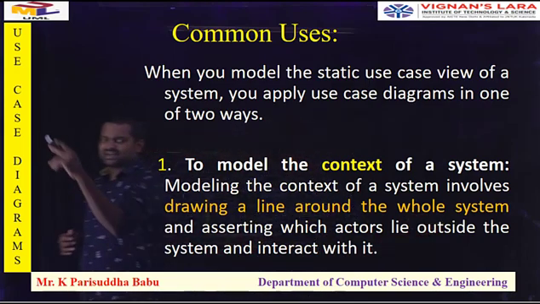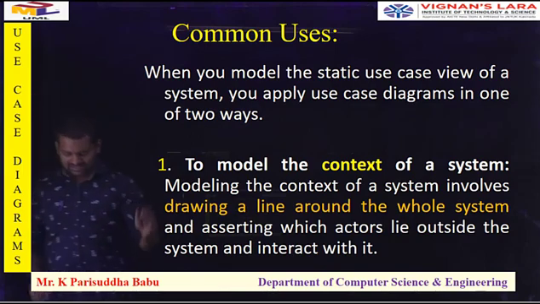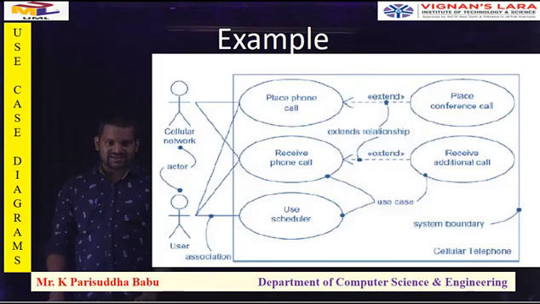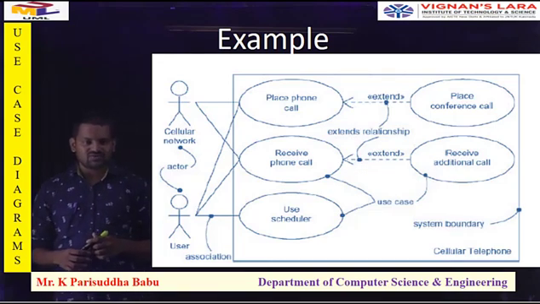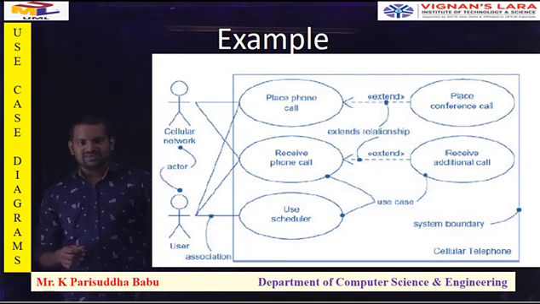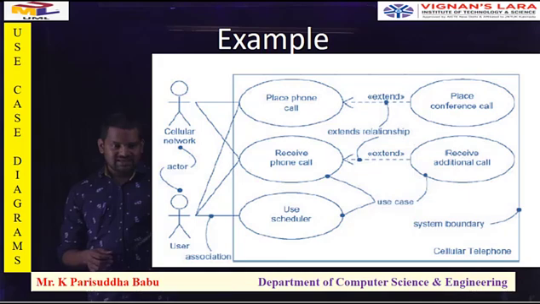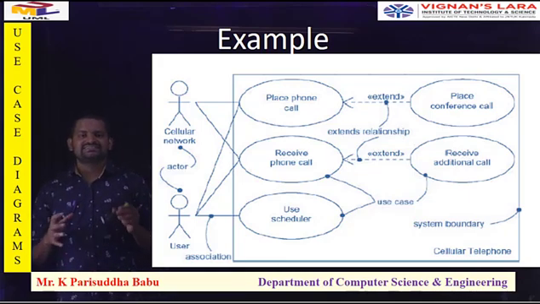That line will represent the context of the system. See in the previous slide, we drew a line outside, beside the actors. That is the system boundary.